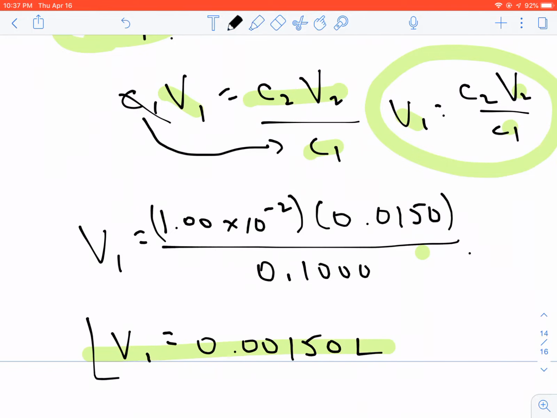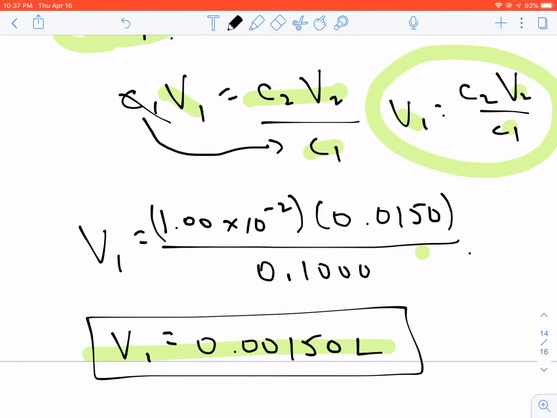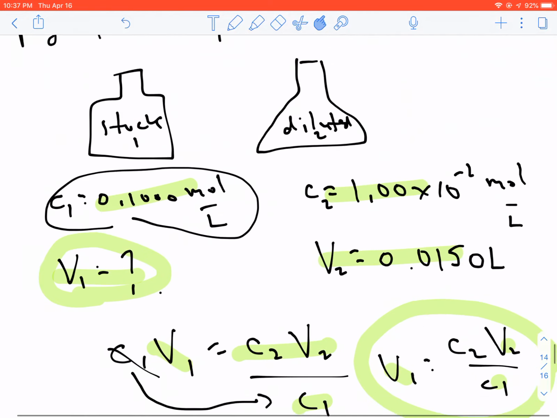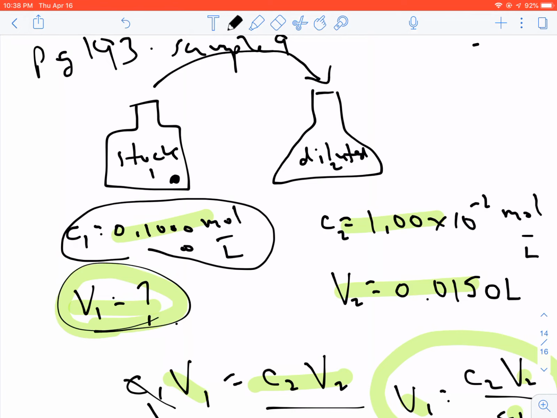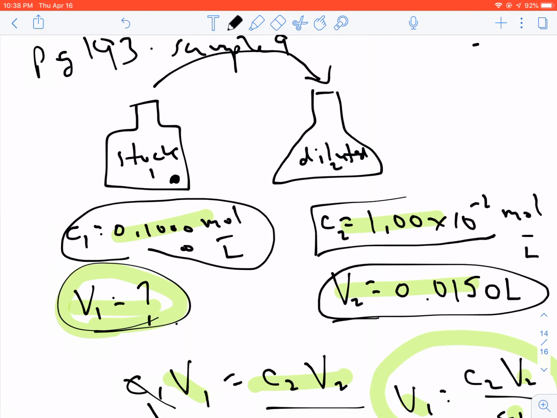That's V1. So 0.00150 liters. If I go back to the top here, what that's telling me is if I take 0.00150 liters out of this bottle here, which is this concentration, and move it into here, I can add enough water to bring it up to this final volume, and when I do that, this will be the new concentration.